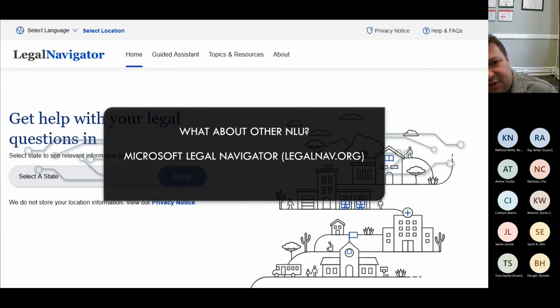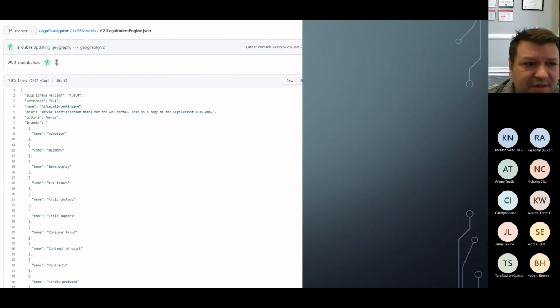Another natural language understanding system that's been in the works for a number of years is Microsoft Lewis. A couple of legal aid organizations in Alaska and Hawaii have been working on a system called legalnav.org. The vision behind that platform is that it can be a centralized portal to help people triage their legal issues with personalized plans, routing them to legal service providers and other resources.